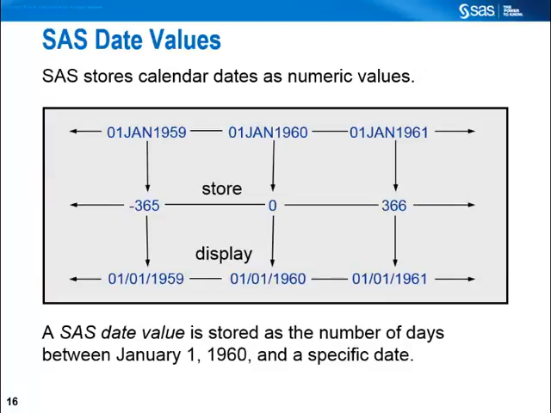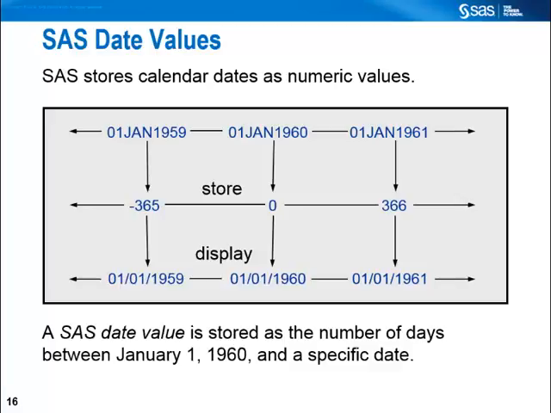SAS date value. SAS stores calendar dates as numeric values. So a SAS date value is stored as the number of days between January 1st, 1960 and a specific date. So here, according to the diagram, 1st January 1960 has been assigned the value of 0.